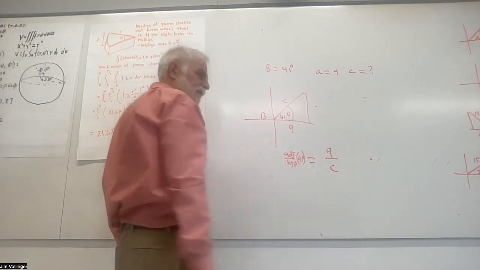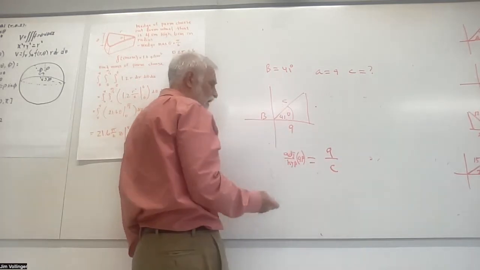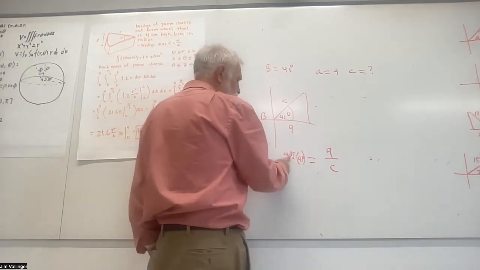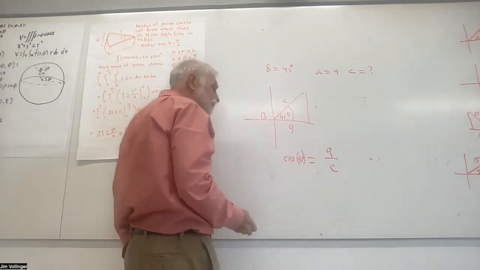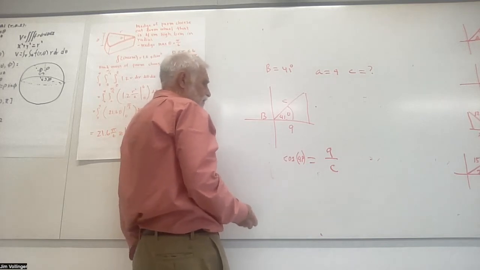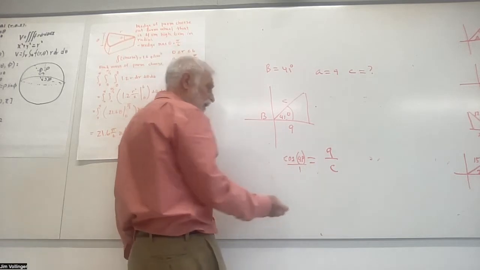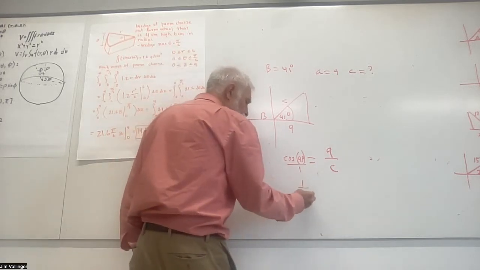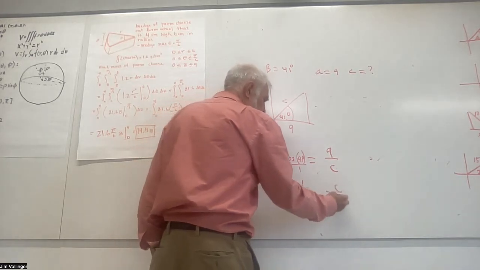And it's this, 9 to c, adjacent over hypotenuse. So how do we do it? Let's go back to cosine. 2 inverse operations. Let's see, is it quicker to, yeah, it might be quicker to think of this as over 1, take the reciprocal of both sides, might be nicer for you. As an alternate way of thinking about it, equals c over 9.